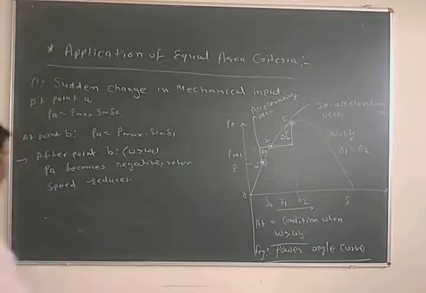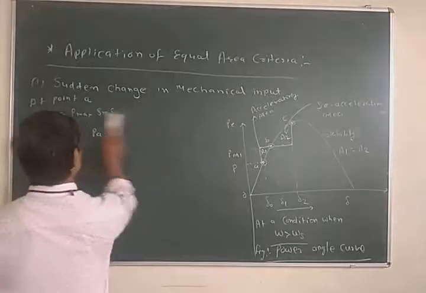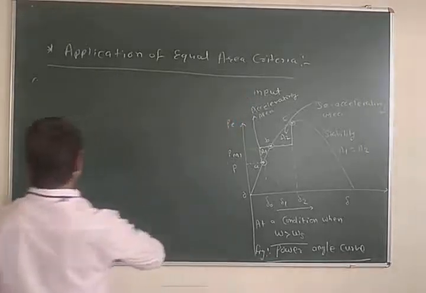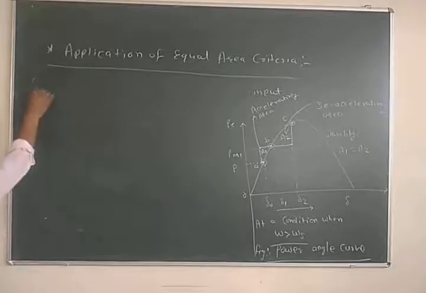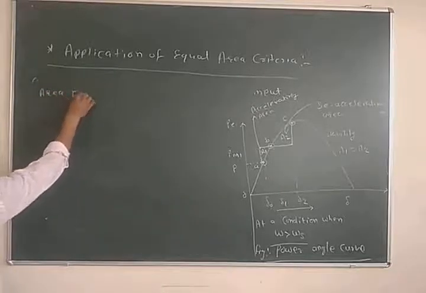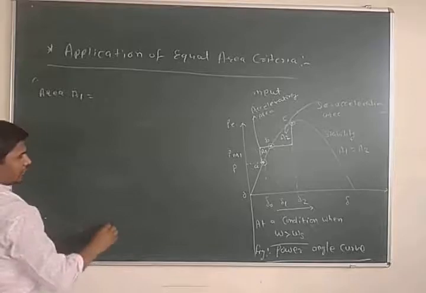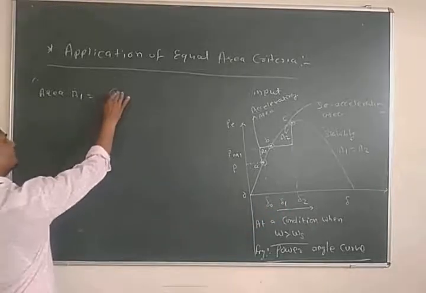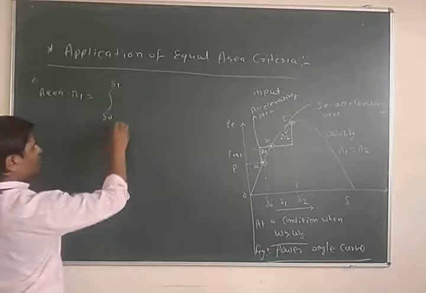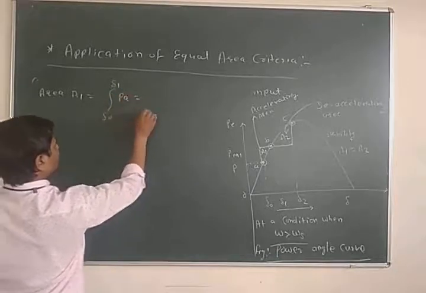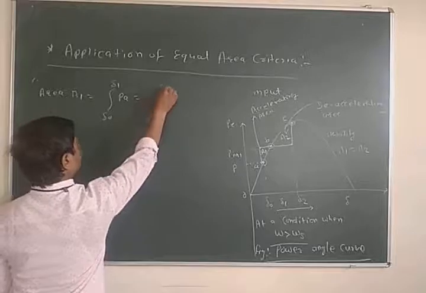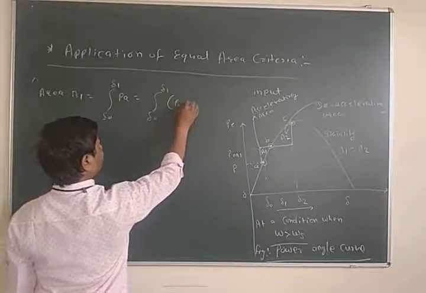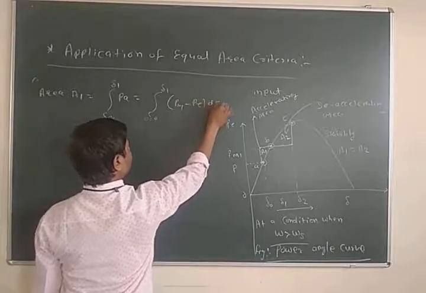Now area A1 is represented as the integral from del 0 to del 1 of P m minus P e into d del.